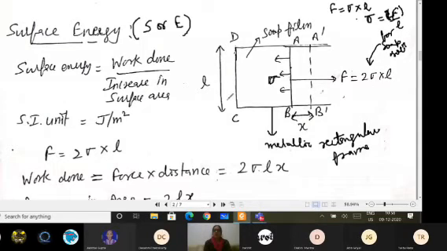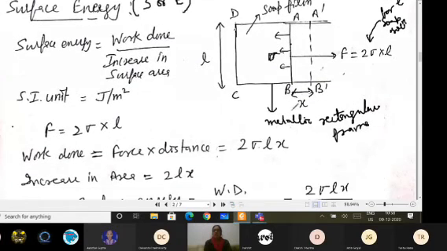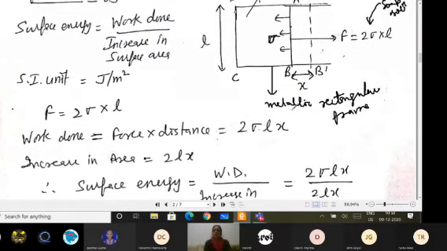So what is the surface energy? Energy is equal to the work done, and work is done for simply increasing the surface area, because if I take the breadth as b, then it is getting increased by this distance x. This much distance is moved because of the force.